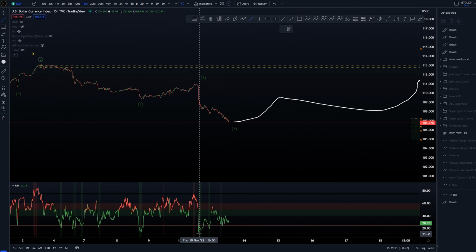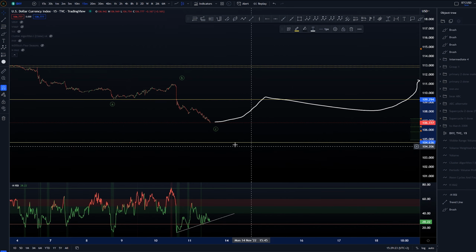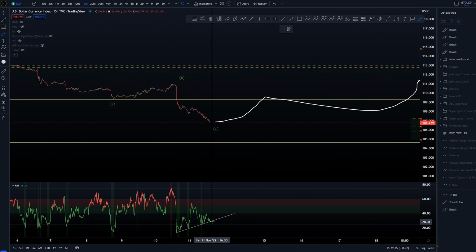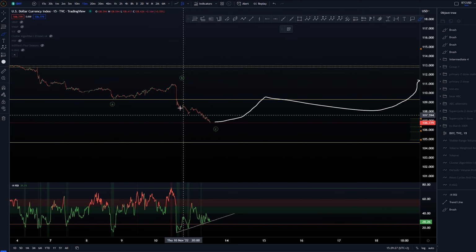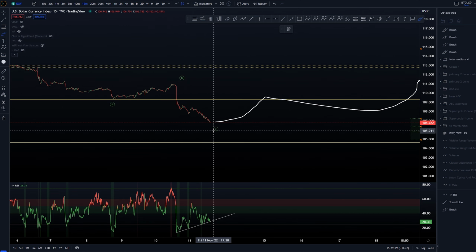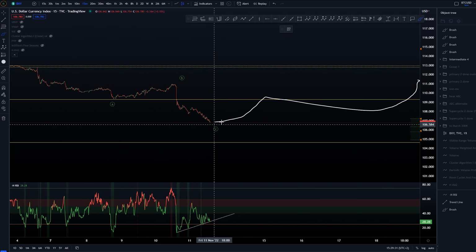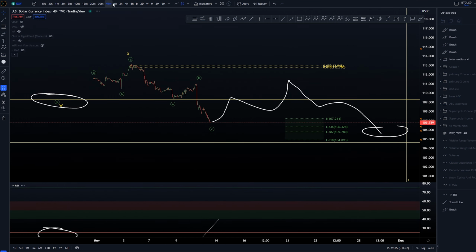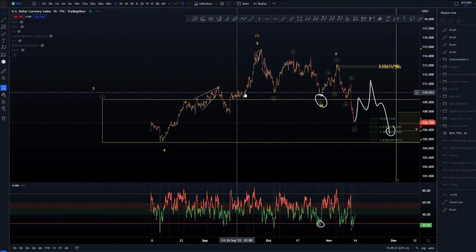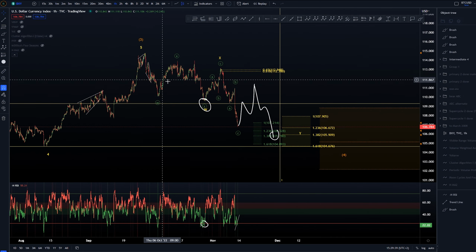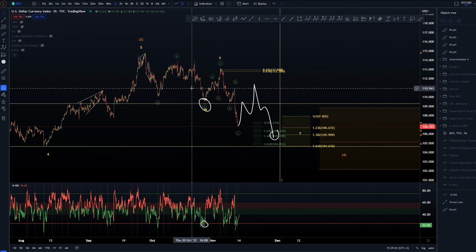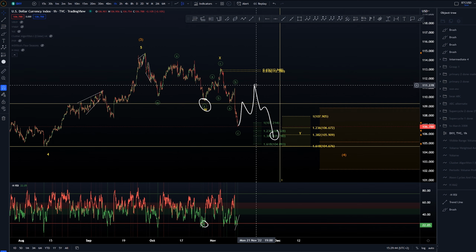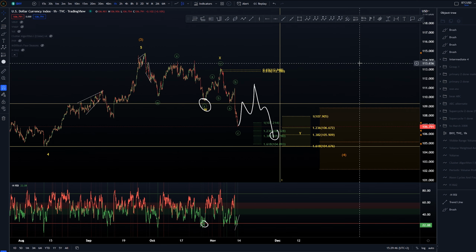At the moment, we still do have this on smaller time frame that we are creating these divergences on 15-minute time frame. So I do expect us pumping here either today or basically Monday. So that's the setup I'm willing to trade here. Either you're just trading the Euro USD or some other pair that correlates this well.